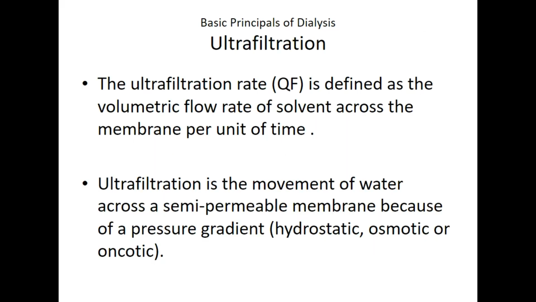In the basic principles of water movement or ultrafiltration, the ultrafiltration rate is defined as the volumetric flow rate of solvent across the membrane per unit of time. In hemodialysis, ultrafiltration is movement of water across the semi-permeable membrane because of a pressure gradient, with positive hydrostatic pressure, as well as osmotic or oncotic pressure of the plasma proteins, determining how much fluid can be removed.